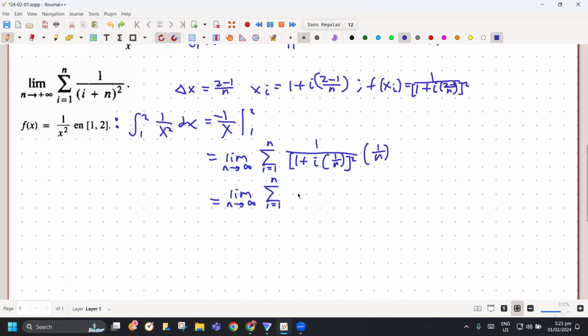Ano gusto mangyari? So, n plus n, no, so, ano ba to? N plus. Tapos I think may transcription error yung 4.5.51.